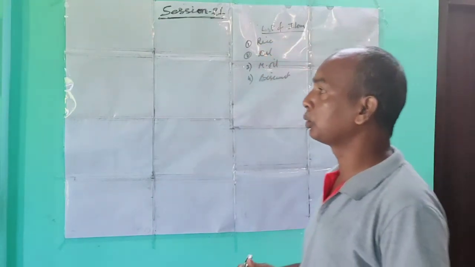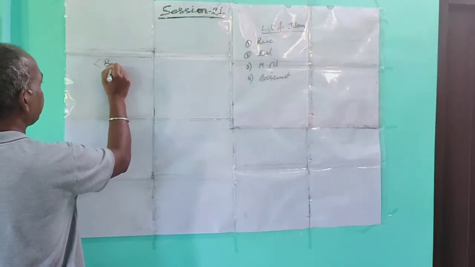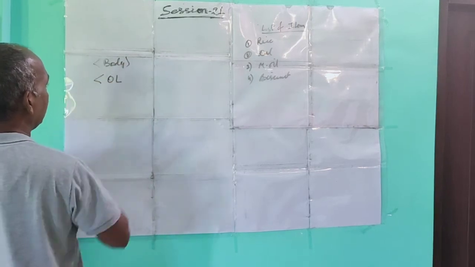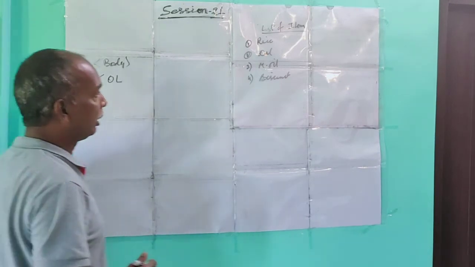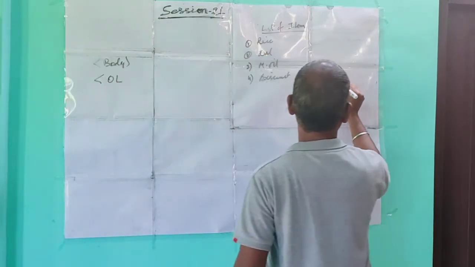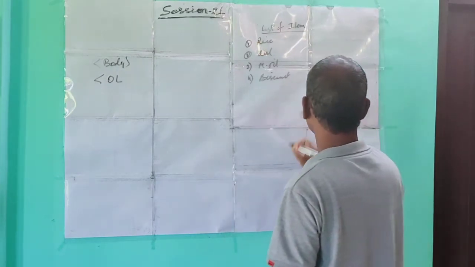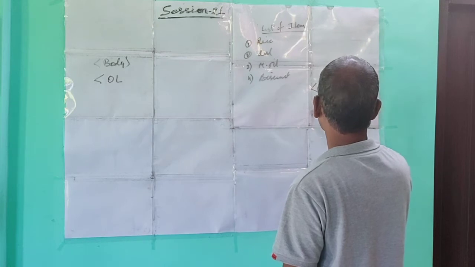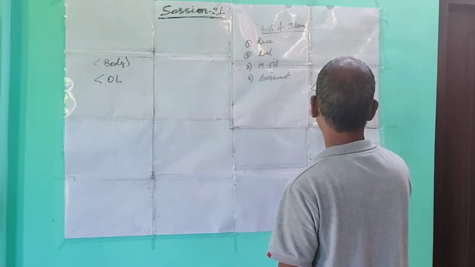So here we can use OL after body. After body, I am using OL. See, what are the attributes of the OL tag? The attributes of the OL tag are type and start.